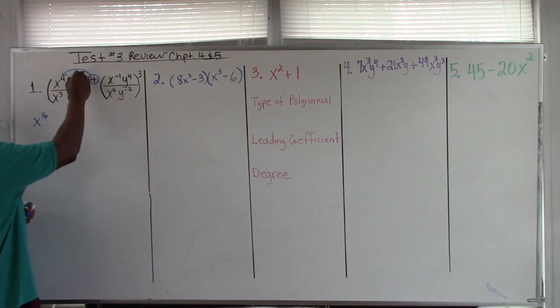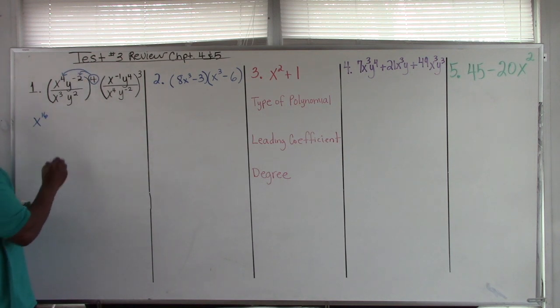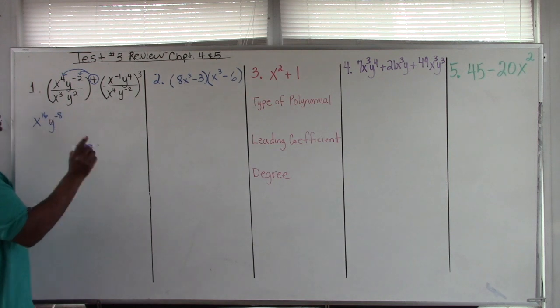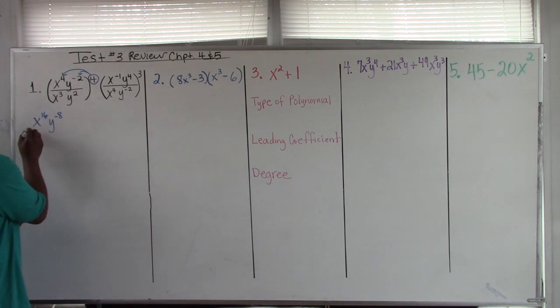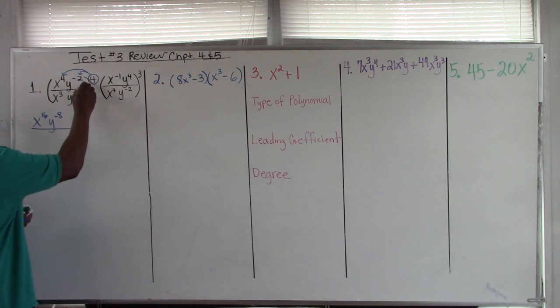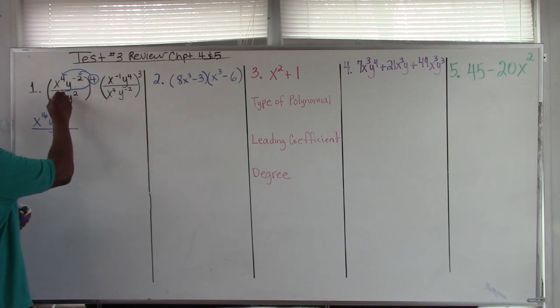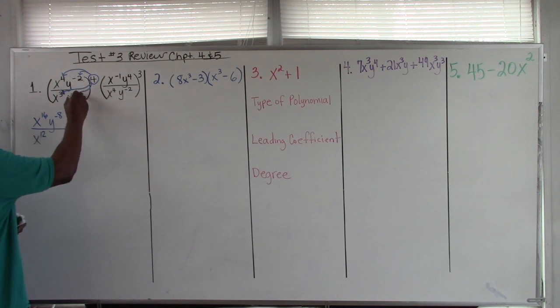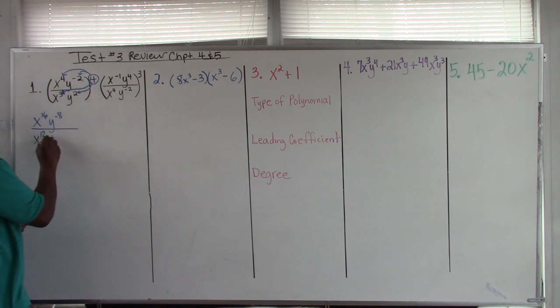Then take this 4 times negative 2. That's going to give me y to the negative 8. We're multiplying, right? Divided by, take the 4 and multiply it times 3. X to the power of 12. And then 4 times 2. That's y to the power of 8.